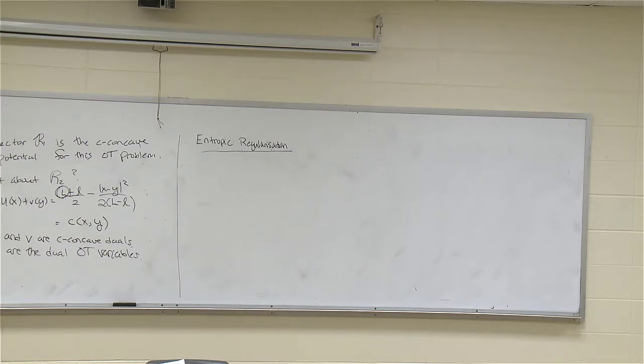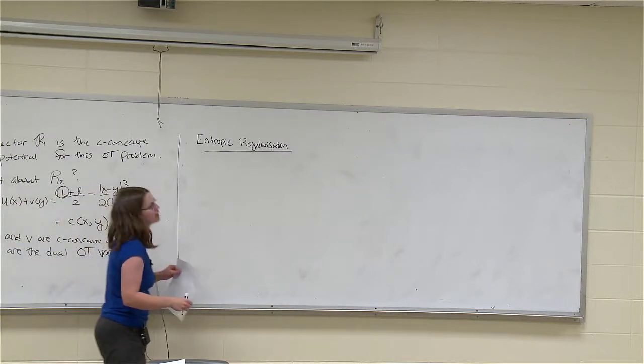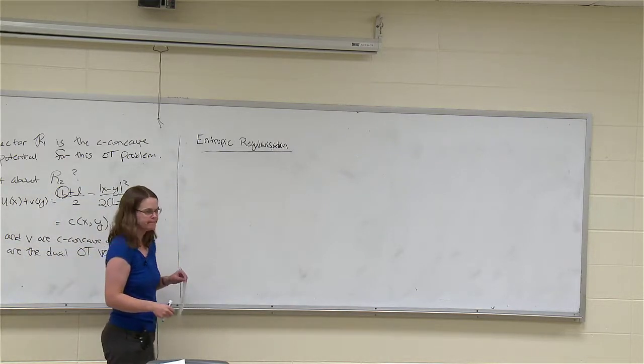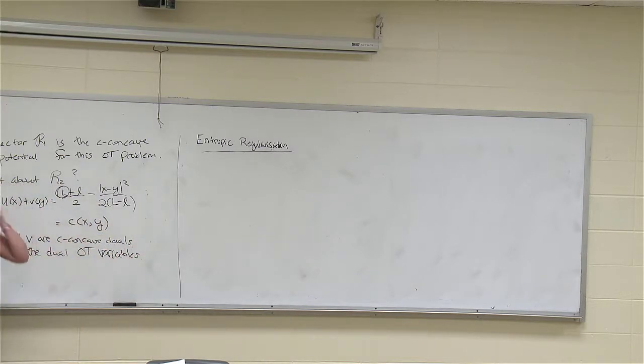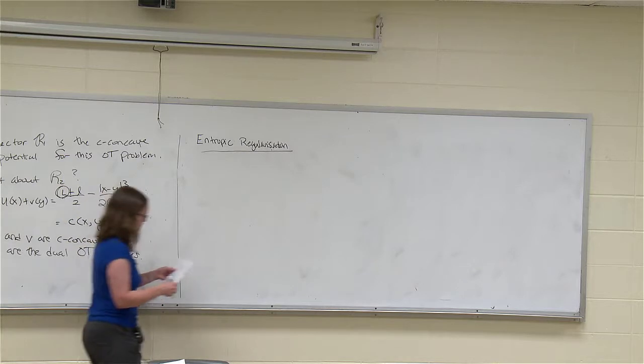So let me start by writing down the problem that we're trying to solve. I'm going to write it down in the Kantorovich formulation for now. The formulation that you want to use is going to depend on the particular problem setup that you're trying to solve.